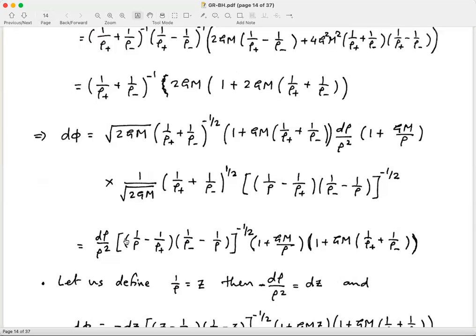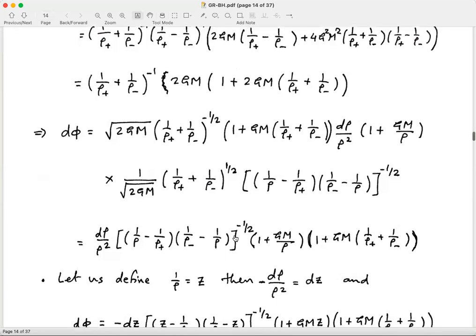Now this integral is doable as it is. If you forget about this constant, that's not important. If you plug this into symbolic manipulation packages like Maple or Mathematica, it will just give you the answer right away. It's not a very difficult integral, but it can also be done by change of variables.